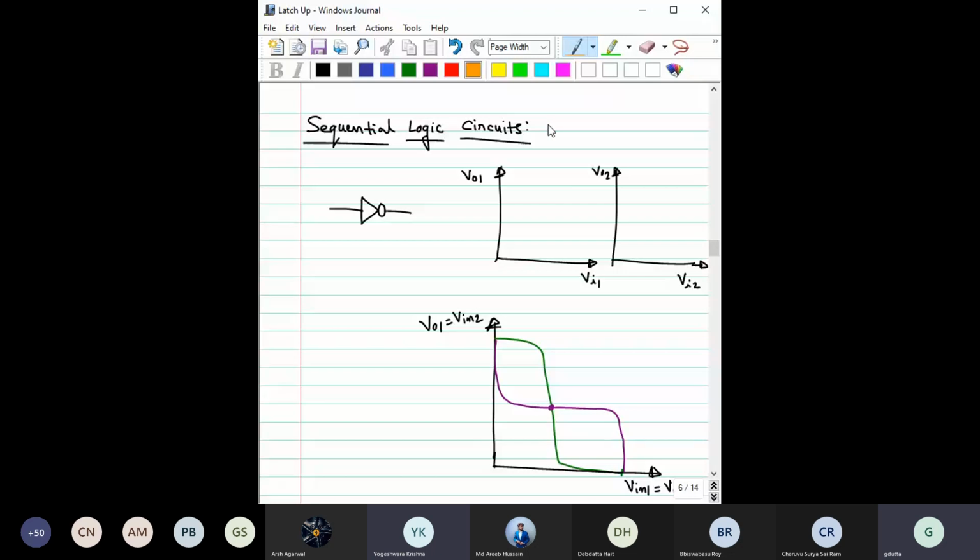So far what we have discussed is mostly towards the understanding or implementation of the combinational circuit, right? By using CMOS.